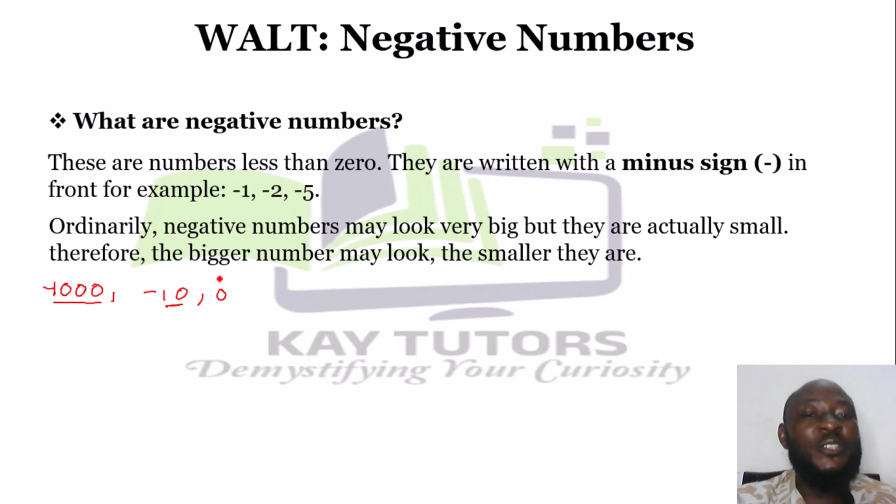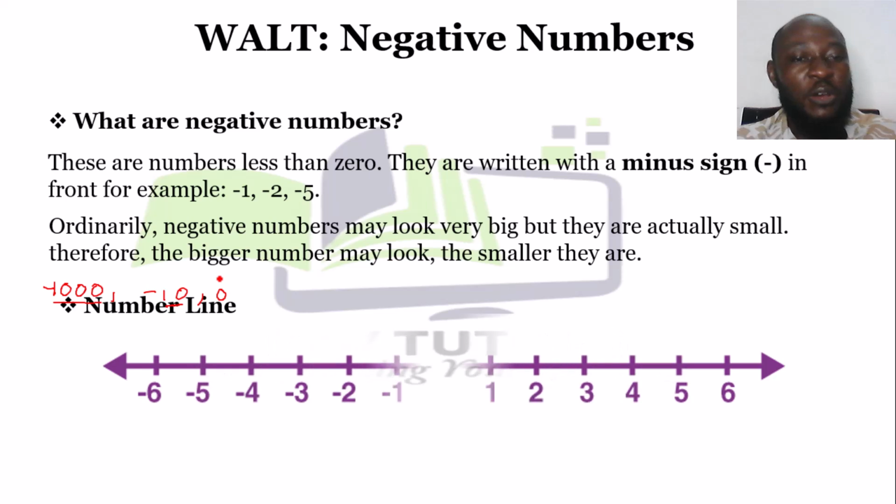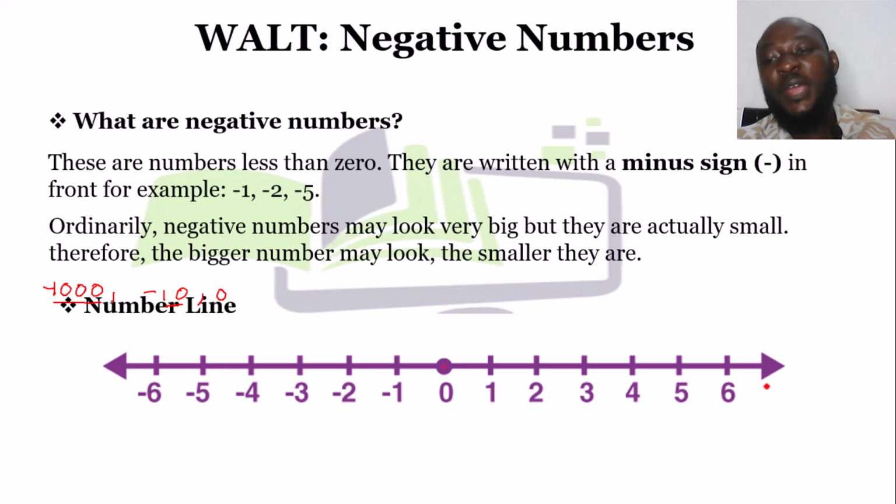Now, in order to differentiate positive numbers from negative numbers, we use the number line. This is an example of a number line. On this number line, we have the positive tail here and the negative tail here. On the right of 0, we have positive numbers.